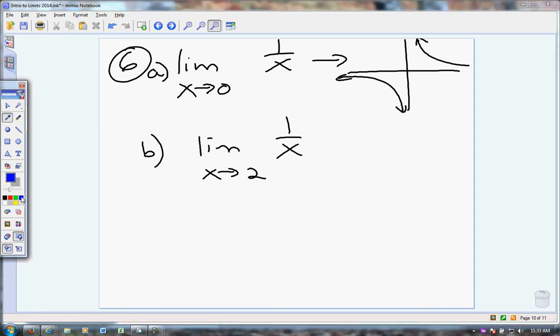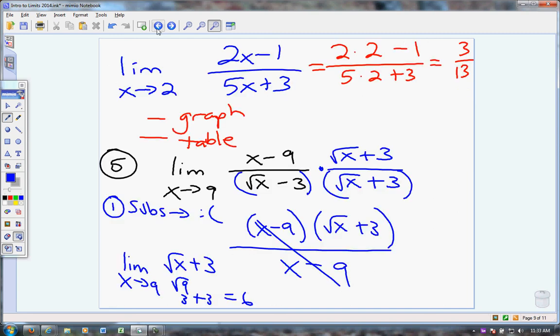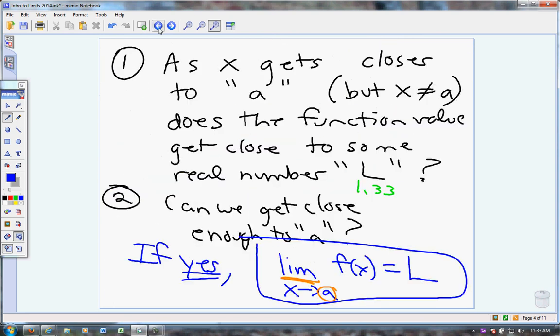The limit in this case does not exist. Or you could just write DNE. The reason it does not exist is because of our definition that we did a few pages back. I'm scrolling back here. Be patient with me.